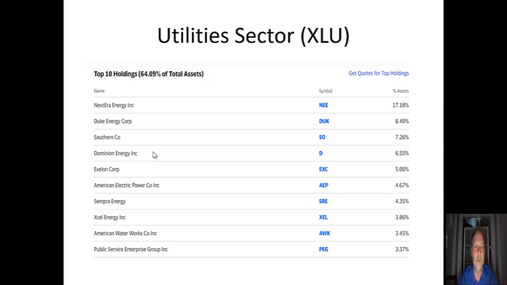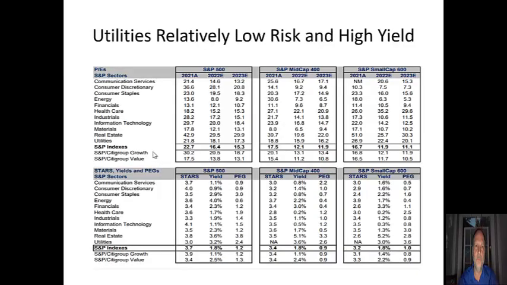The utility sector is, like all of them, reasonably highly concentrated, with 64% of the sector dominated by the top 10 holdings, which are NextEra Energy, Duke Energy, Southern, Dominion Energy, etc., on this list. As we discussed, utilities are relatively low risk. You can see here, particularly if I look down at the bottom, S&P 500 yields by sector.